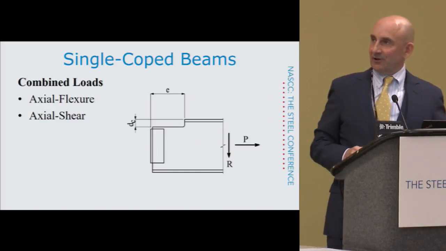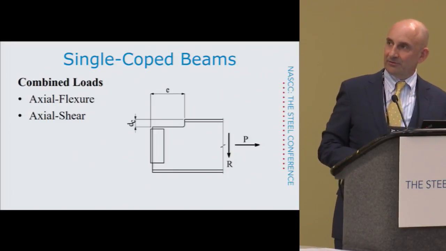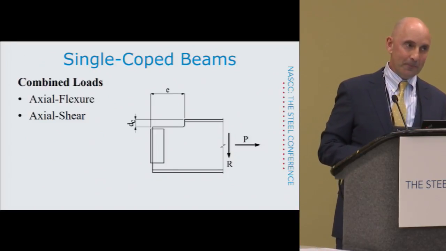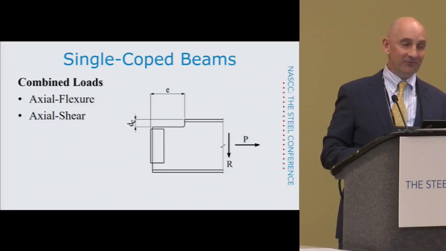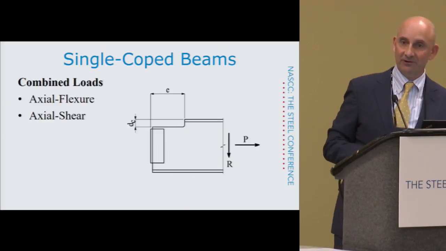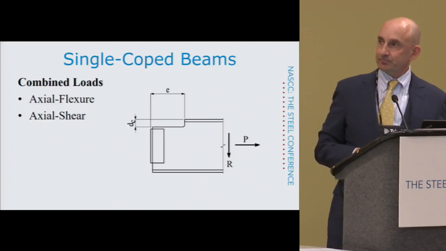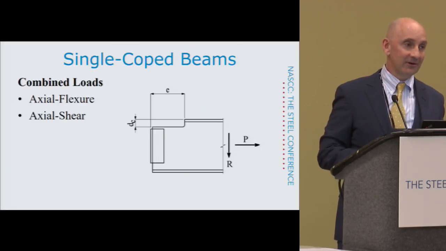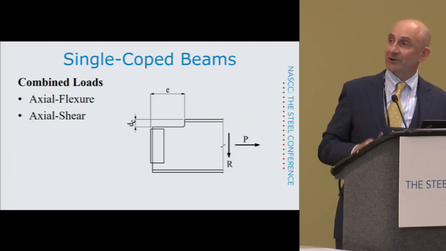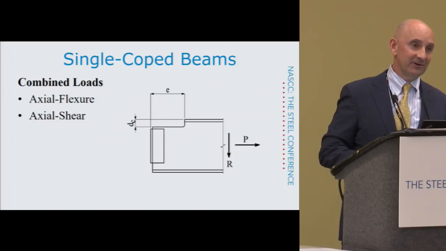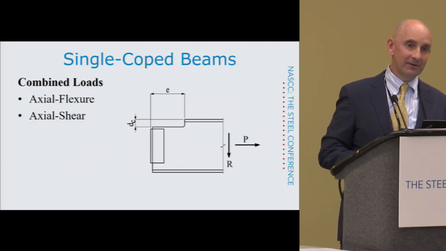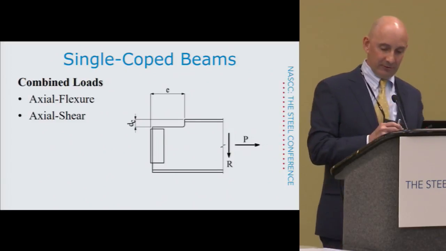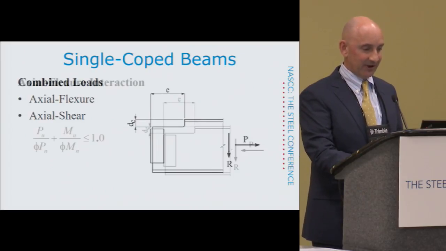I found out after looking at the tests that the longer copes that were subjected to axial compression loads failed in axial flexure interaction. And the shorter copes failed in axial shear interaction. So that gives us a reason to simplify this thing.